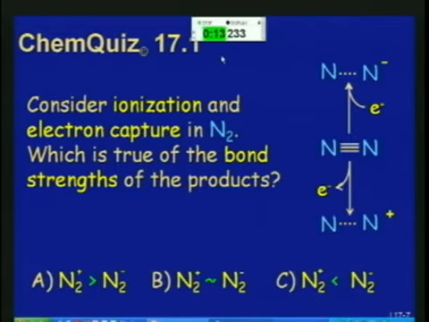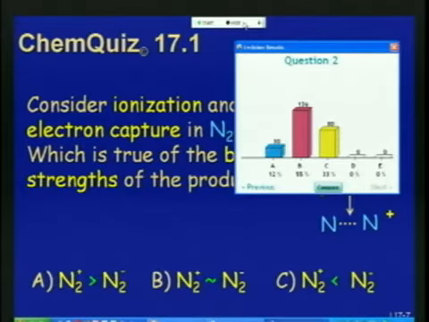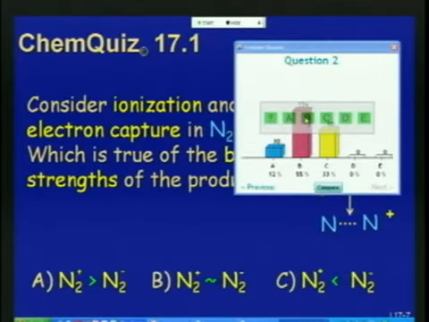Yes, we're getting better, but only slightly, though. So let's say that B is right, okay?